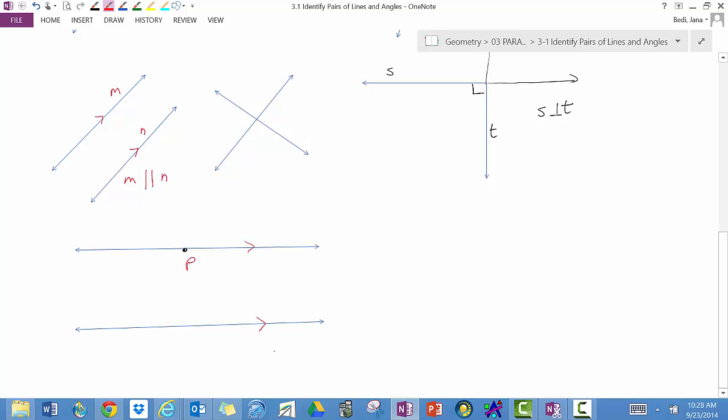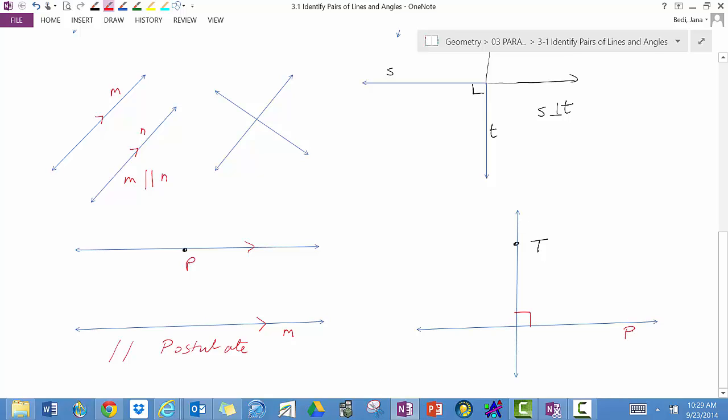So this is point P, which is not on line M, and through point P we can only draw one line that is parallel to line M. Similarly, the perpendicular, so I'm going to just loosely write parallel postulate, and the perpendicular postulate states that if I am given a line, so here's my line, and then I'm given another point that is not on the line, and we'll call this point T just to be different, then there is only one line through the point T which is perpendicular to the given line.